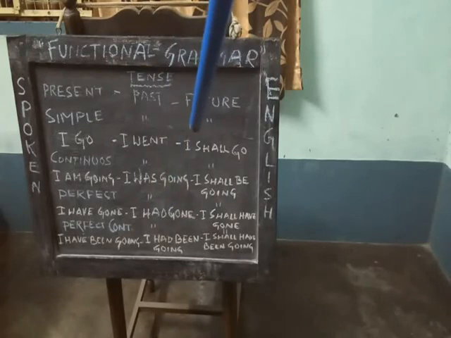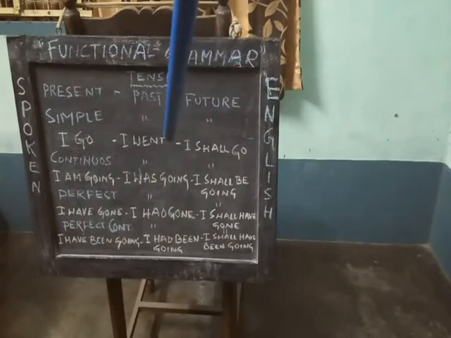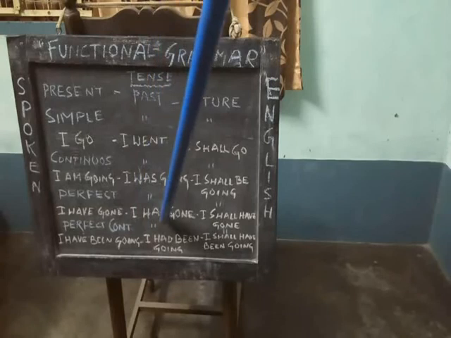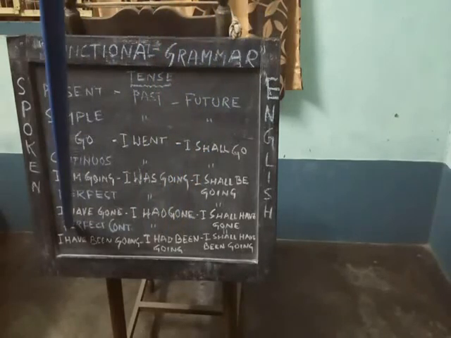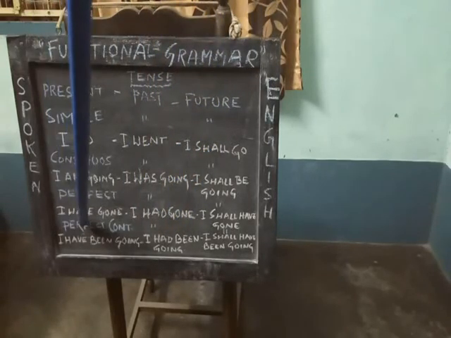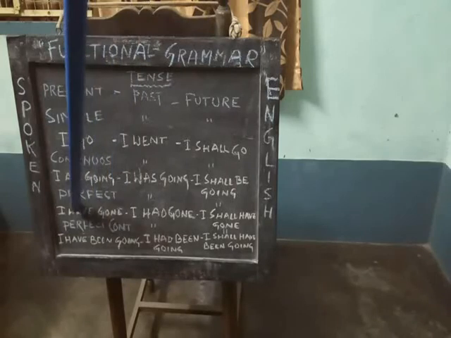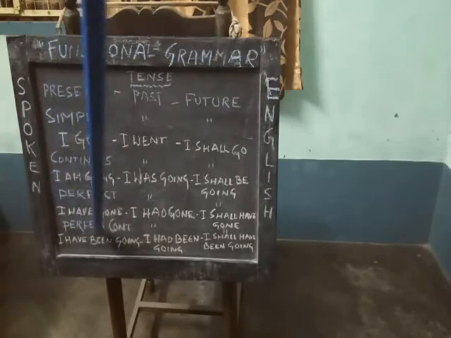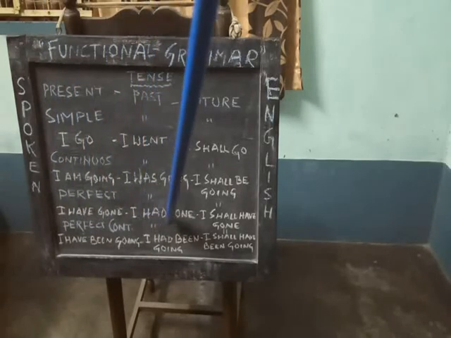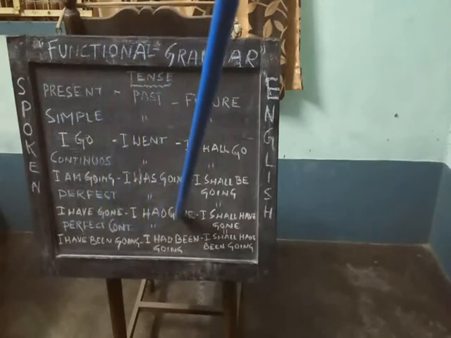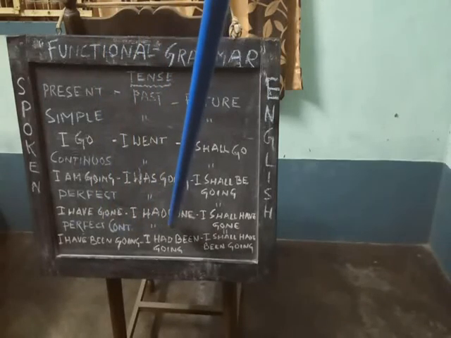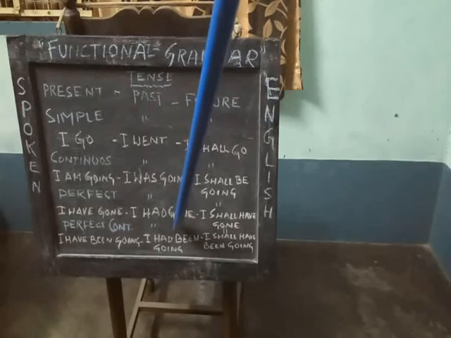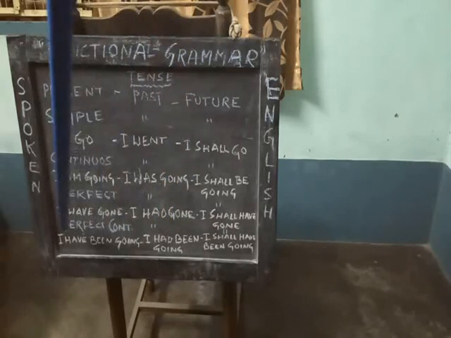As far as an example is concerned, how we can write it? I had gone. Here for present it was I have gone. Now the past form of have is had. But here there is no change in the third form, the past participle form of the verb. Go, went, gone. So for present perfect tense, it is I have gone.